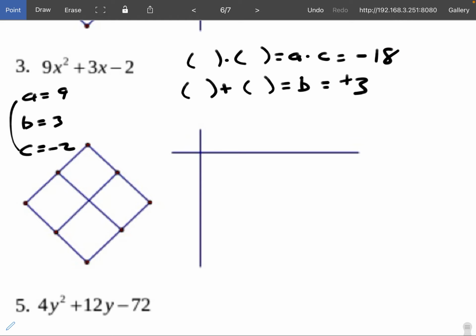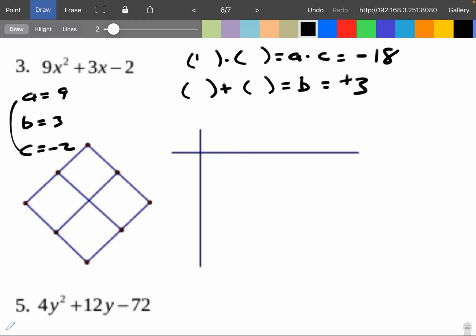You just need pairs of numbers that multiply to 18. So you could do 1 times 18. You could do 2 times 9. You could do 3 times 6. I think that's it, right? Which one of those works? 3 times 6. Yeah, 3 times 6. So you're going to need a +6 and a -3.